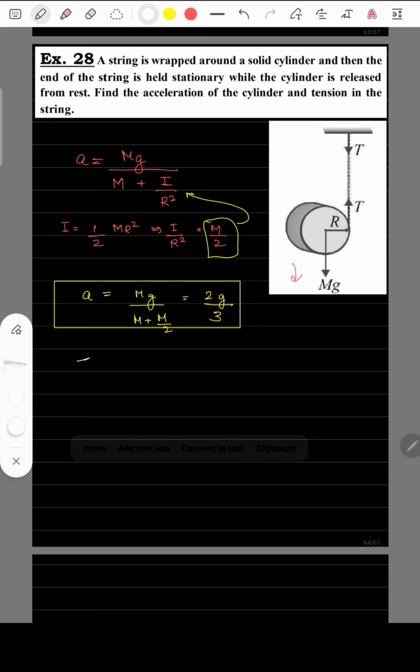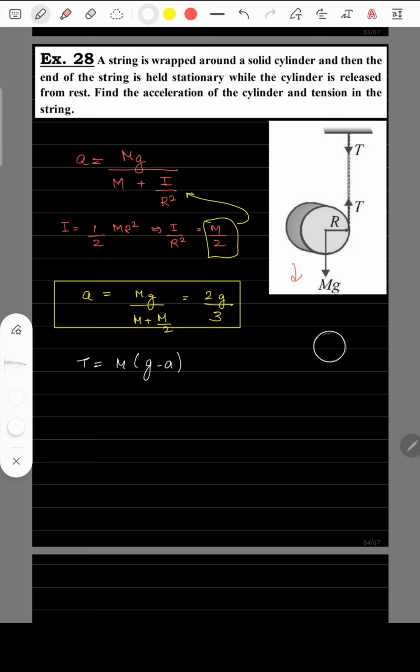To calculate the tension in the string, we can write mass into g minus a, because for this solid cylinder, mg is acting downward and a pseudo force of mass into acceleration will be acting upward because the acceleration is downwards. Tension is also acting upwards.